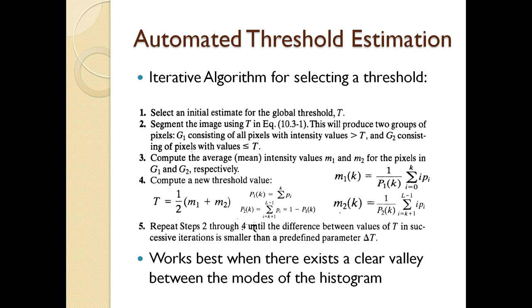So you can define it as 0, for example, so that the new threshold minus the previous threshold must equal 0, and it'll keep going until then. And this whole iterative algorithm works best when there exists a clear valley between the modes of the histogram.